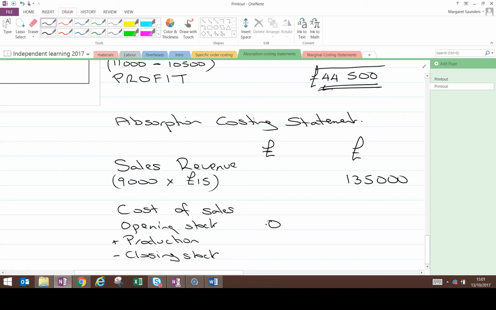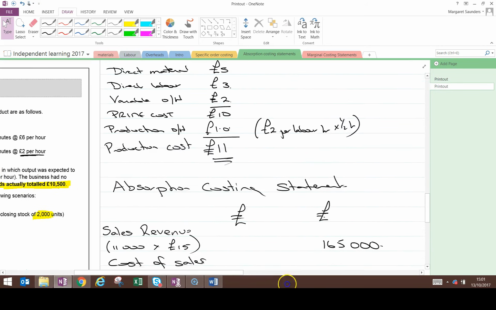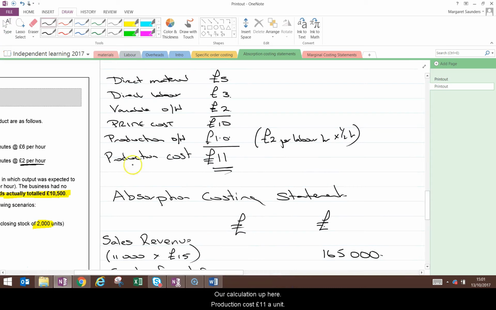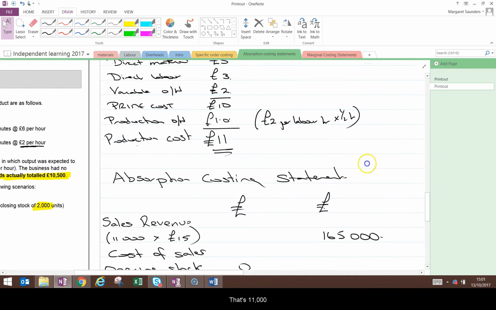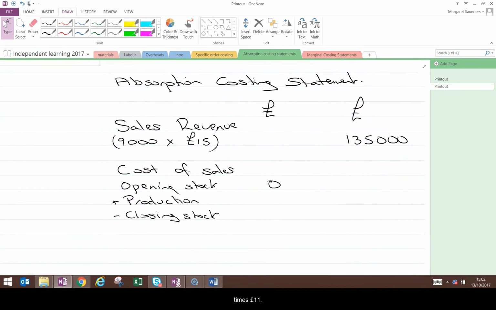Production, we produced 11,000. And we've already worked out the production cost up here, £11 a unit. So that's 11,000 times £11.